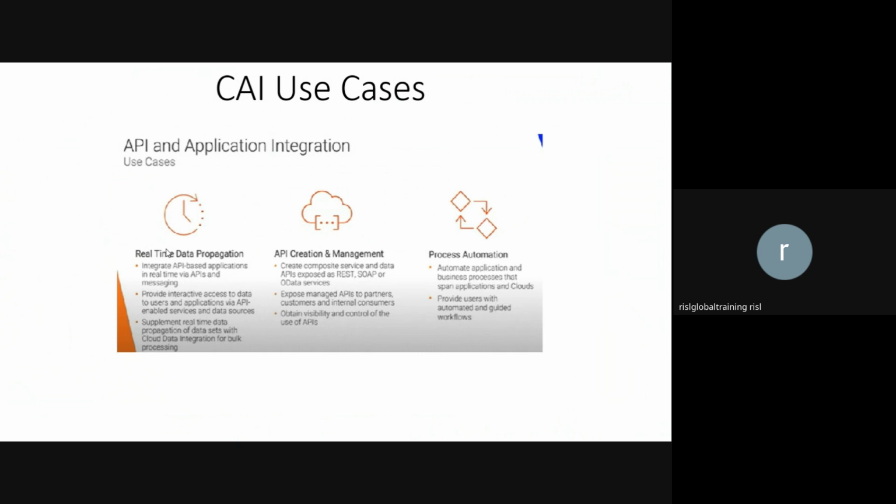Next, we can think of some use cases where CAI, cloud application integration, will be used. For example, real-time data integration, where this integration can take place in real time by using APIs and messaging.